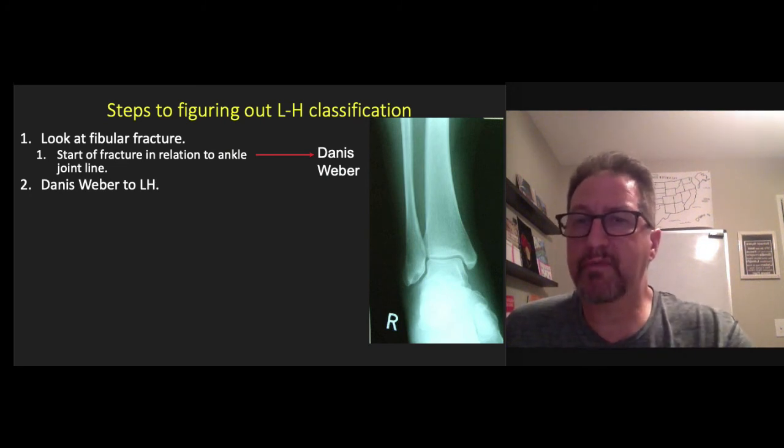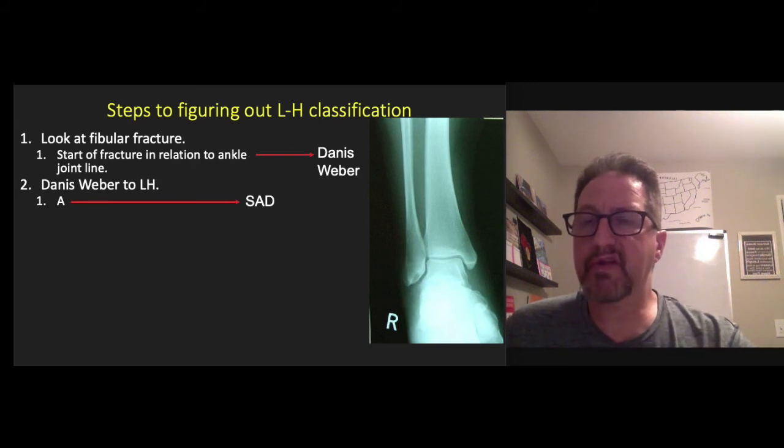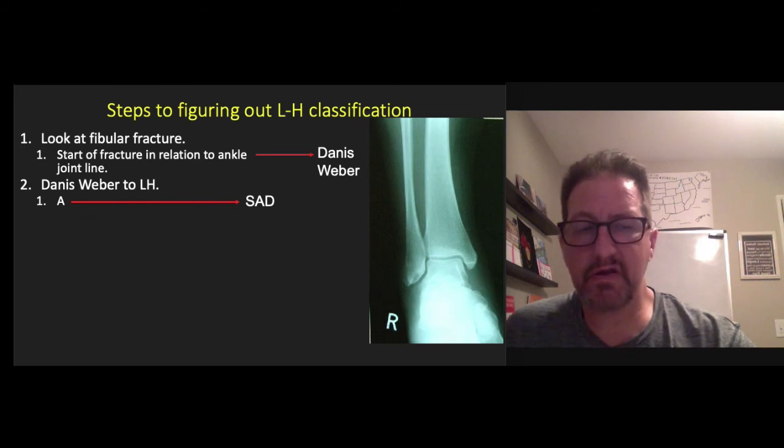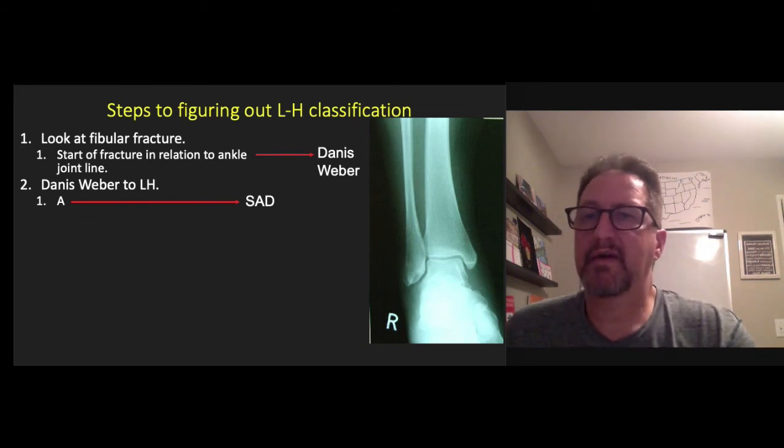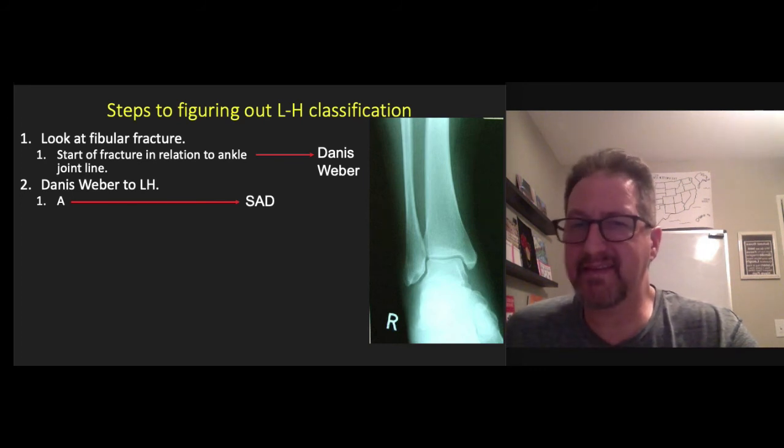and based on your Danis-Weber, that's going to help you figure out your Lauge-Hansen. So if your Danis-Weber was A, which was below the level of the ankle joint, the only Lauge-Hansen fracture that it could be is a supination adduction, or SAD. Do not describe this as sad, it's just SAD.